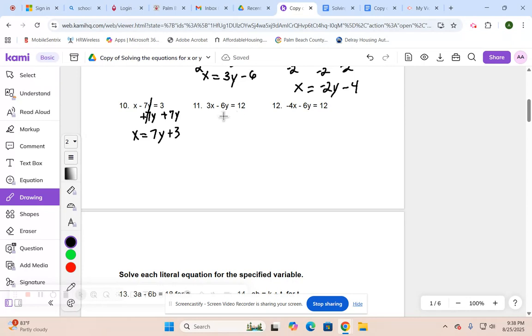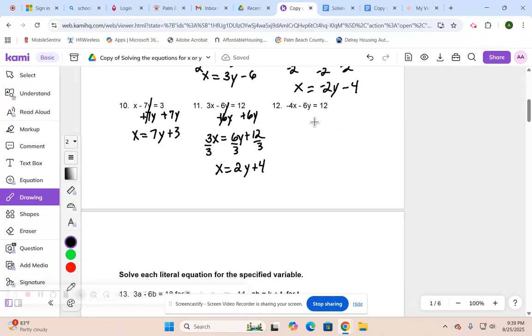All right, number 11. We have to start by adding 6y to both sides. We'll have 3x equals 6y plus 12. We need x by itself, so we're going to divide through by 3. So x equals 2y plus 4. And we've solved this equation in terms of x.